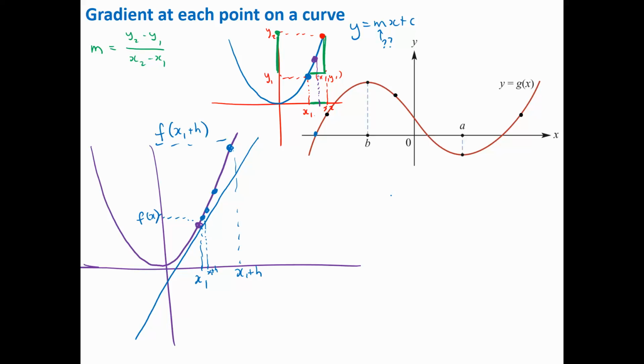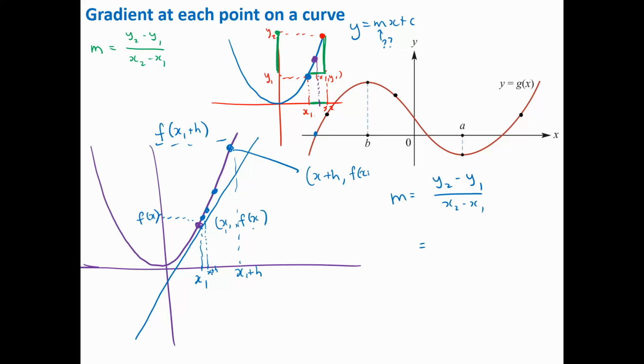You had m equals y2 minus y1 over x2 minus x1. If I replace everything now, the first coordinate was x and then f of x. So now this is my y value, y1, x1. My second point is at x plus h, and the y coordinate for that is f of x plus h.